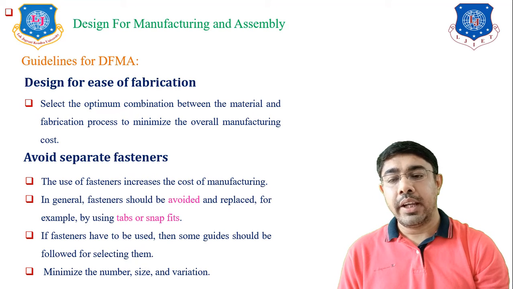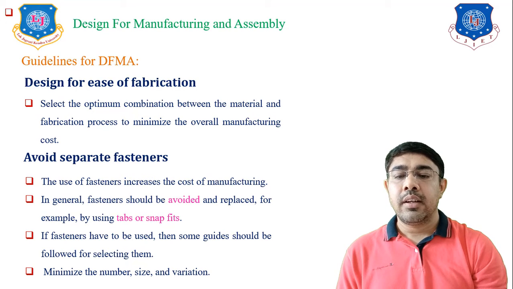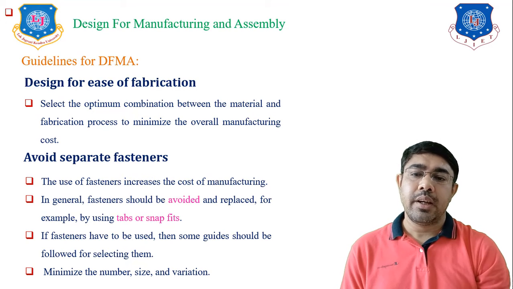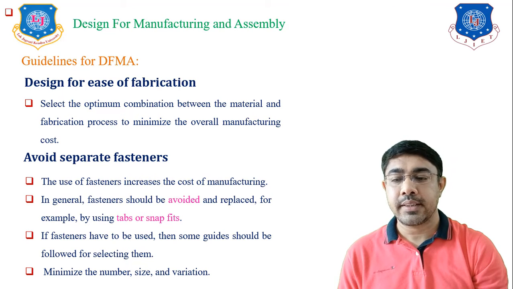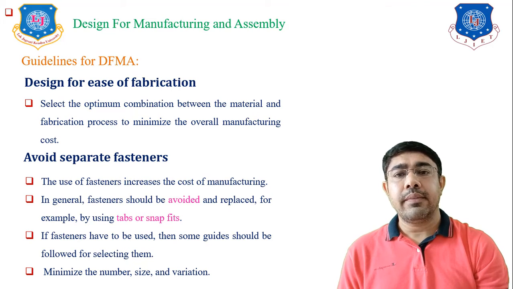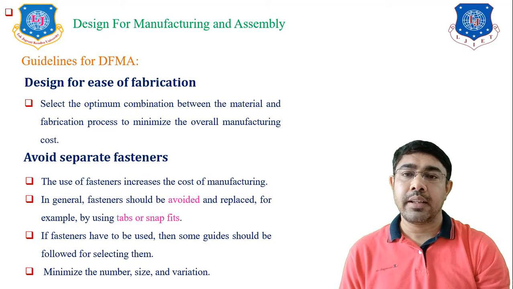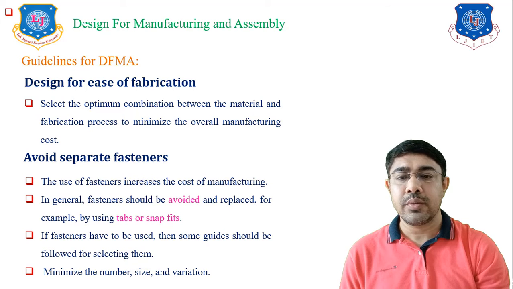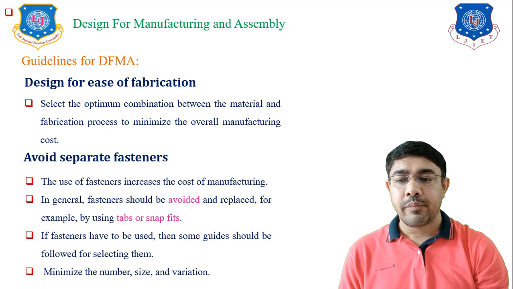Fasteners can be avoided by using snap fits or tabs, etc. And whenever fasteners have to be used, we have to follow the guidelines for using fasteners. For example, minimize the number of fasteners, size of fasteners, or variations in fasteners.